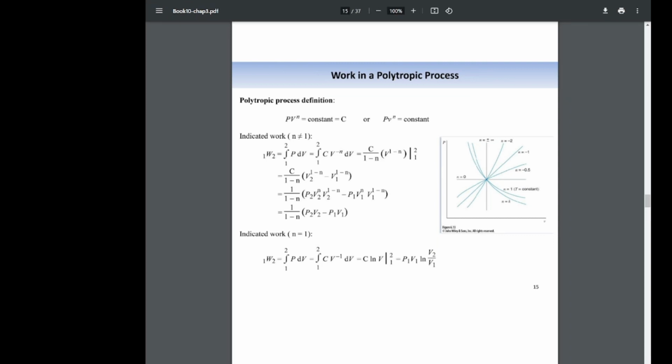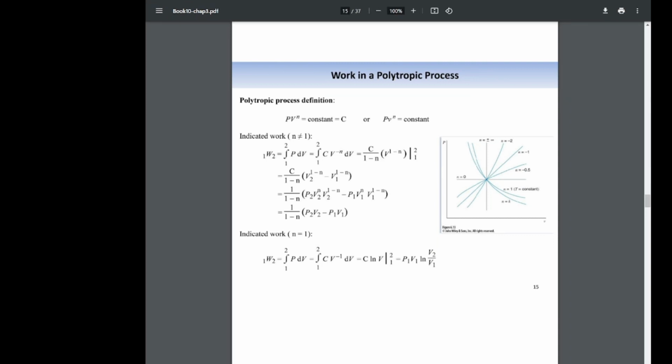We make this substitution for P and perform the integration, and the integration comes out to be C over 1 minus n times V to the 1 minus n, with the limits from 1 to 2.